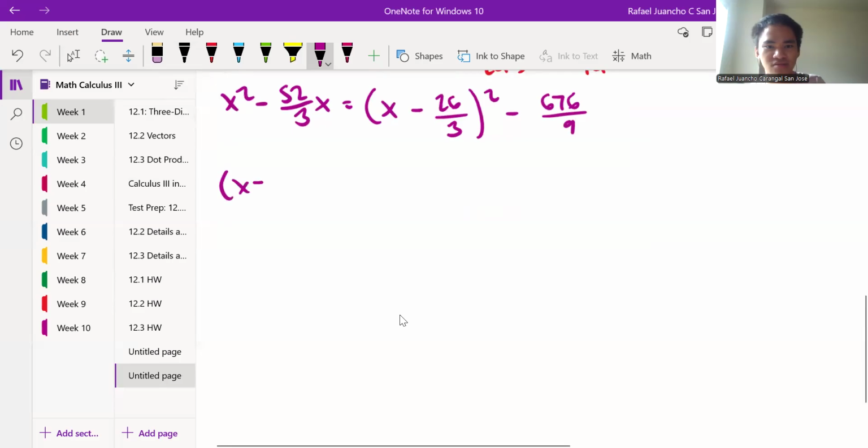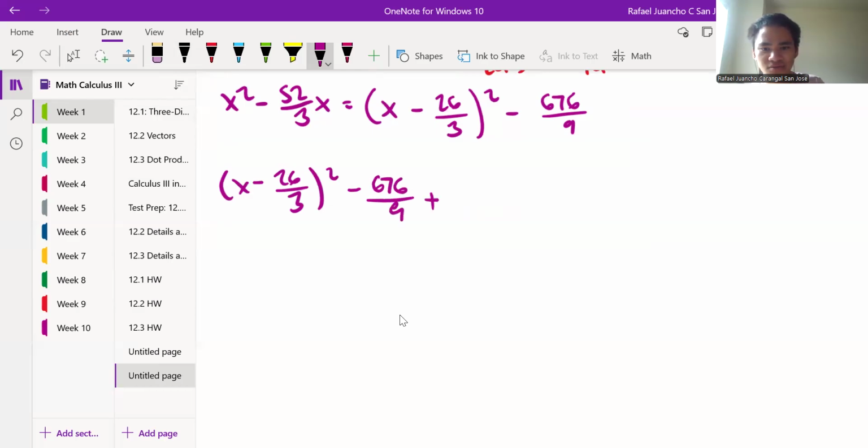So we get this for the x part, we add it to the y part, and then we add it again to the z part.